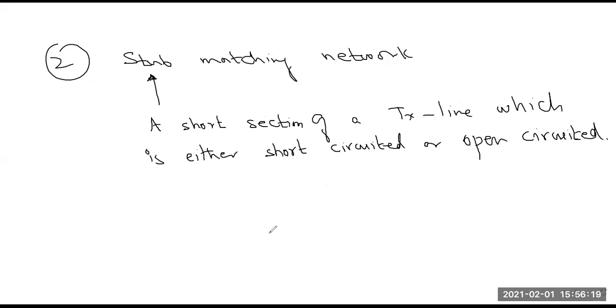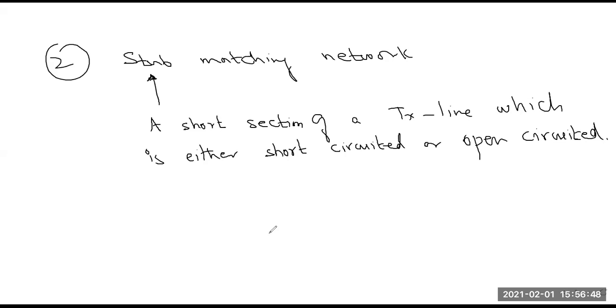And this is something that we already covered in this course. Let me remind you, when we were talking about transmission line theory, we considered special cases of terminated transmission lines. We considered what will happen if the transmission line is connected with a short circuit load, and what will happen if it is connected with an open circuit load.